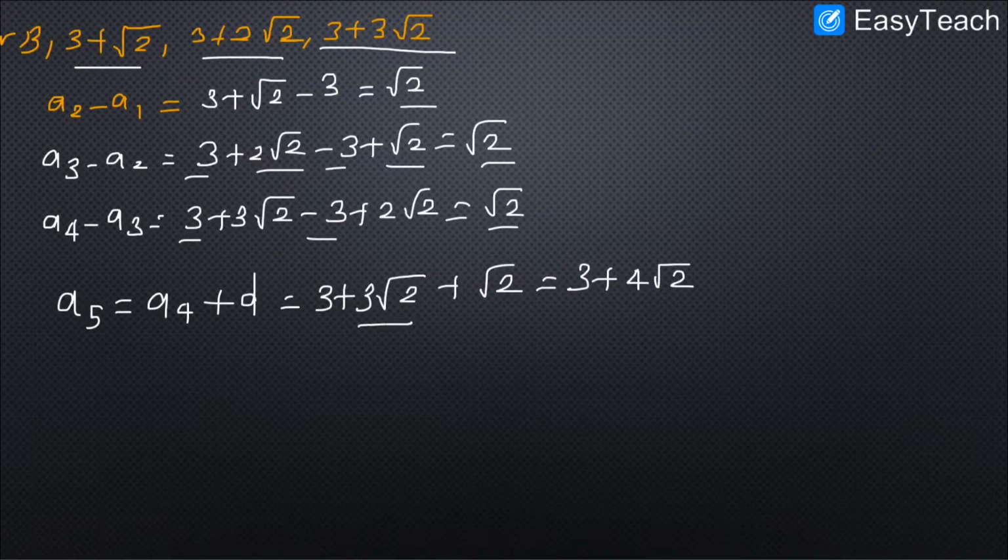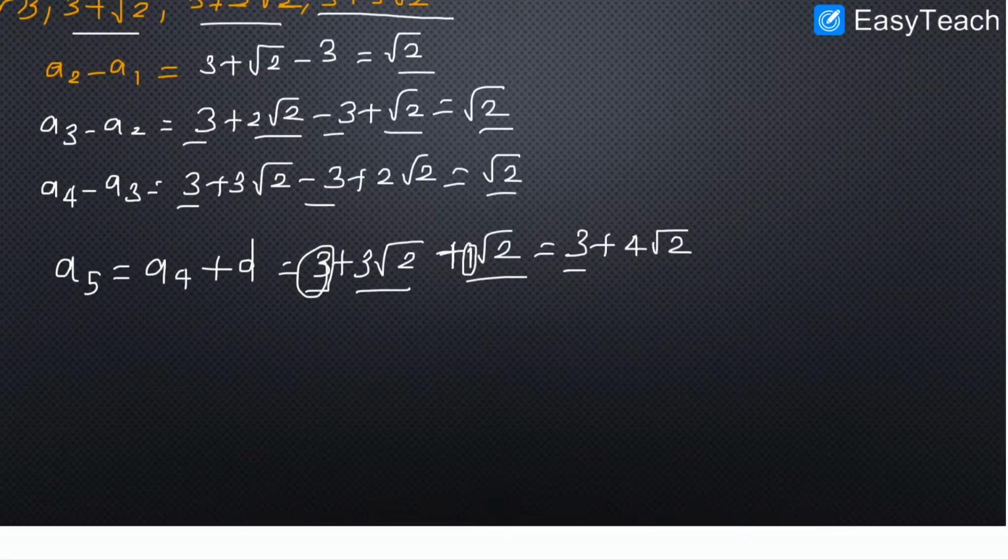When you add these, we have to treat the 3 terms and the root 2 terms separately. So 3 plus 0 is 3, and 3 plus 1 is 4 root 2. So 3 plus 4 root 2.